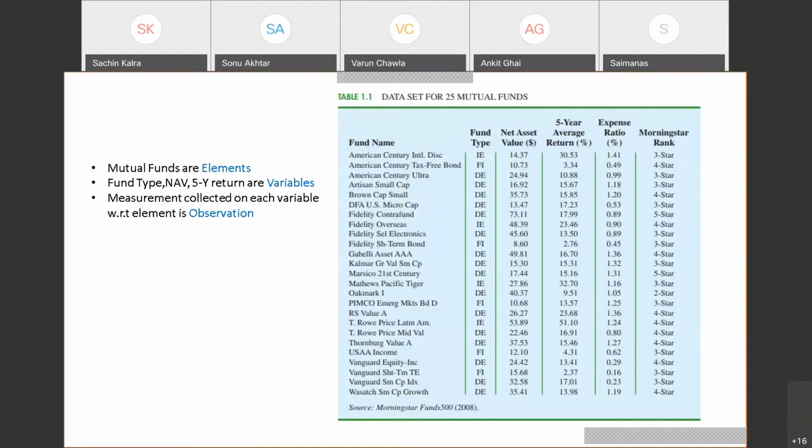So moving forward, we just understood what is nominal data. Now comes another category of data, which is called the ordinal data. Now, ordinal data is nominal data only, but with one added attribute, the ordering. That is, the order will matter. If American Century is on rank 3, I cannot put it on rank 5, right?